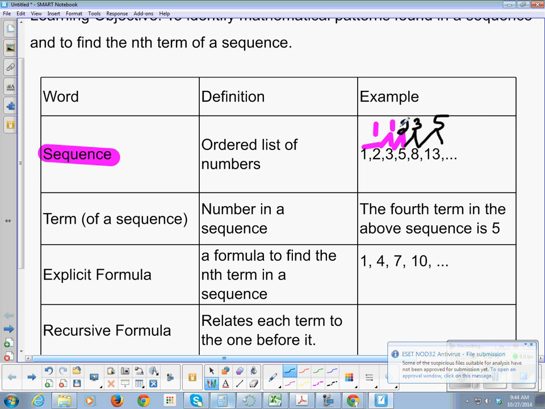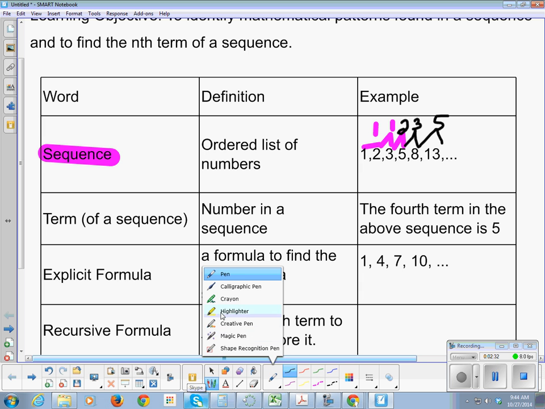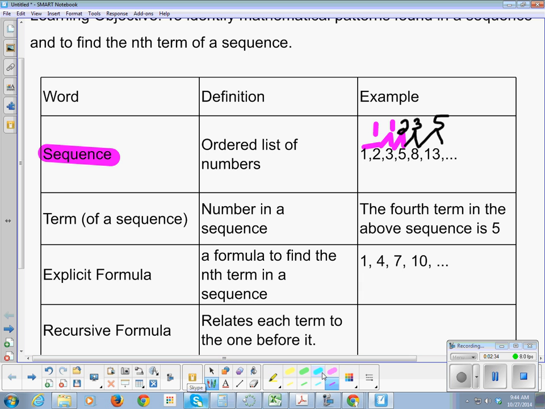So what you're doing is you're looking for patterns or some way to predict the next term. And then that brings us to our next word.